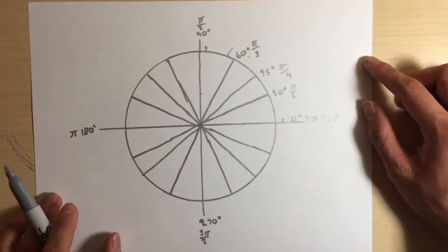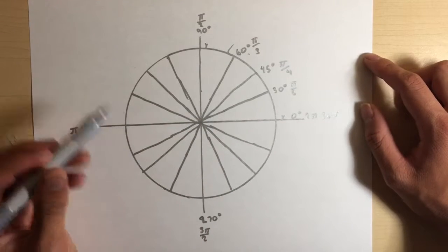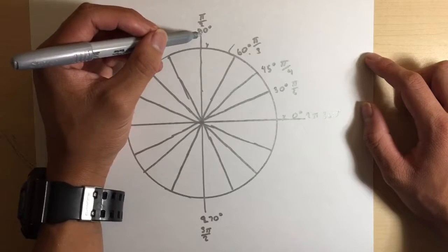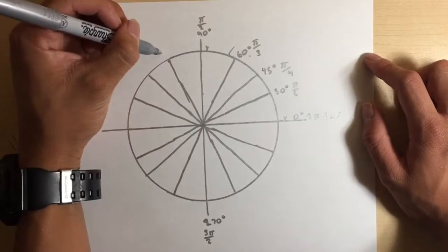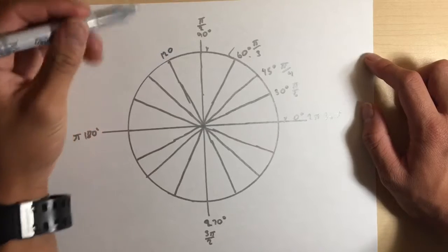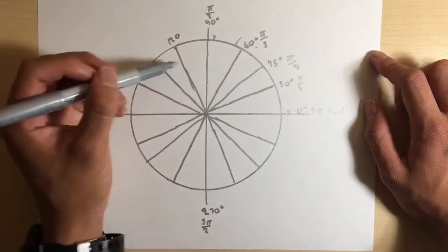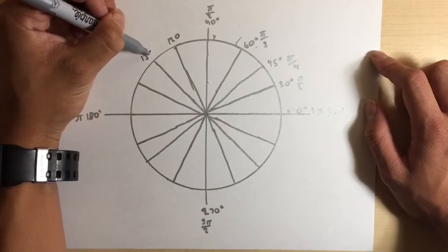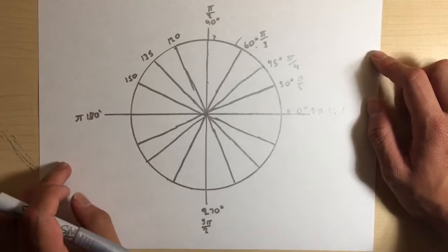Then from here we could start solving for the rest of the circle. So first, 90 plus another 30 degrees would be 120, plus another 15 degrees, because this is the same gap as here, 15 and 15. That'd be 135, 150, and then 180.